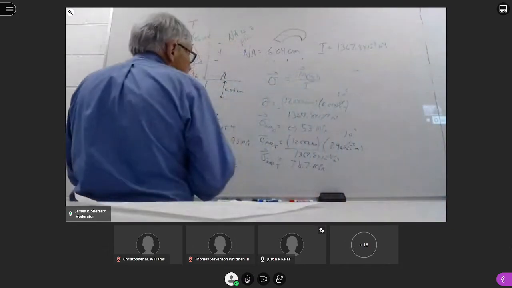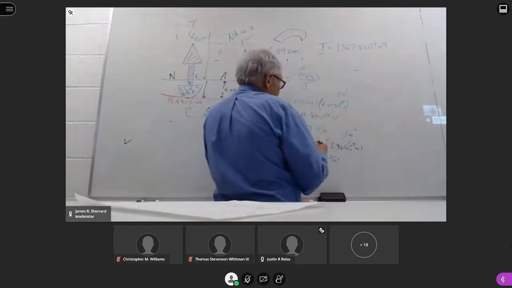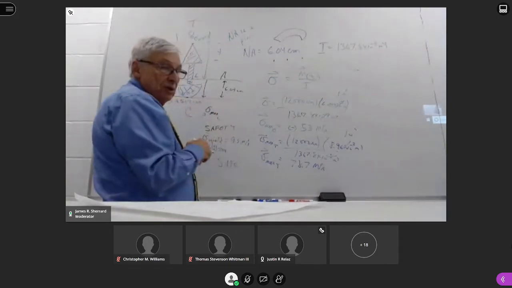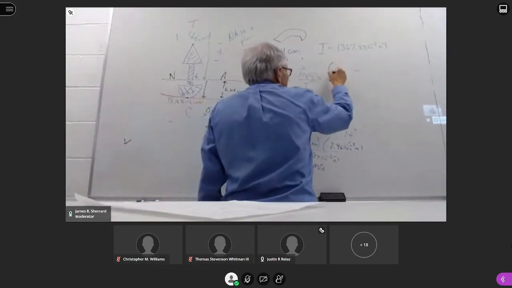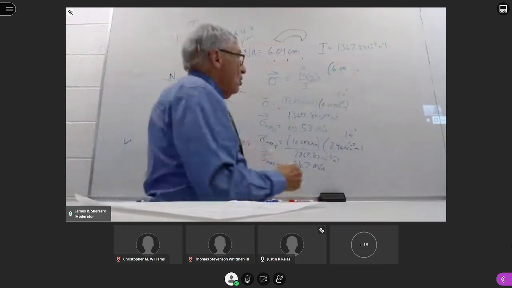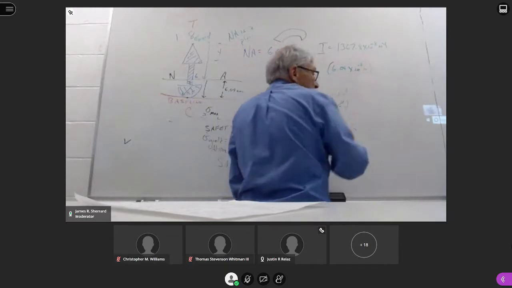So for example, let me use this as an example. We know that this distance is 6.04 centimeters. So when I plug in this value for y, it is 6.04 centimeters, but that is also 6.04 times 10 to the minus 2 meters.